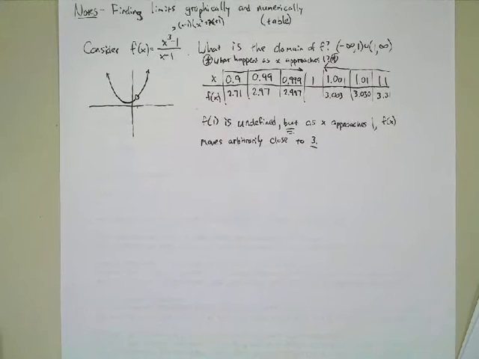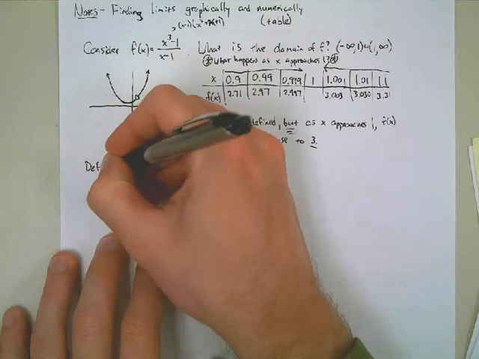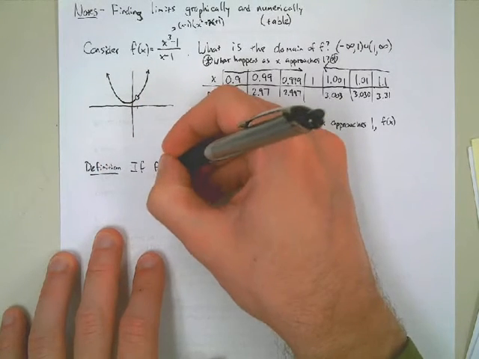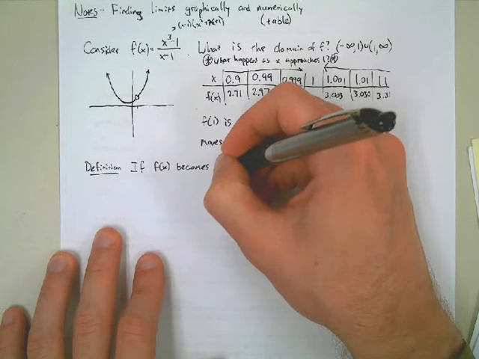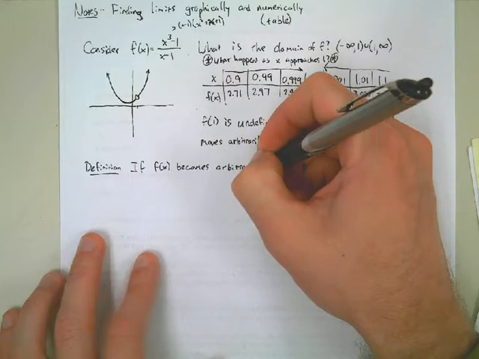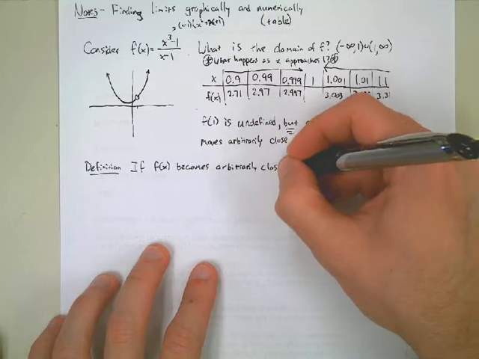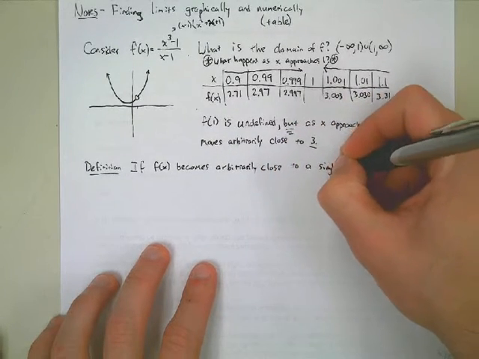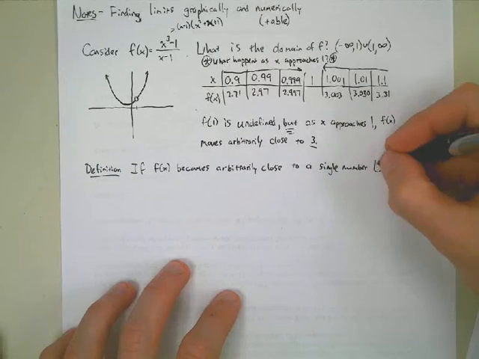All right, so definition. Here's a definition. If f of x becomes arbitrarily close, it never actually gets to the value, it becomes arbitrarily close to a single number, and we'll call that single number capital L for limit.